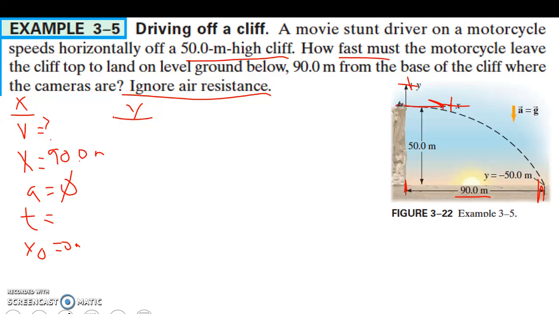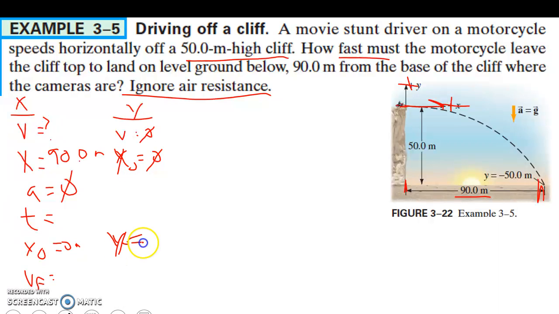Now for the y, my y initial velocity is 0. Since we're going horizontally, there is no y velocity. My initial position will be 0.